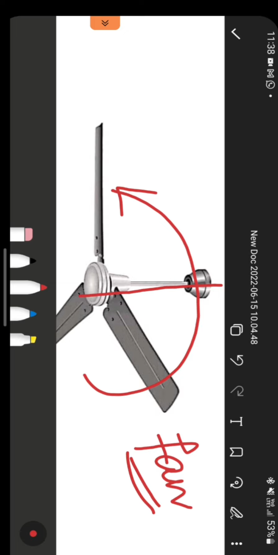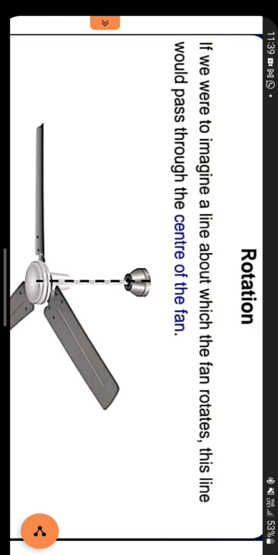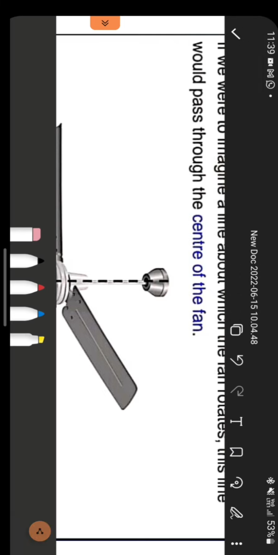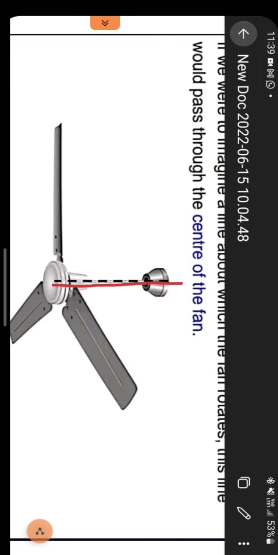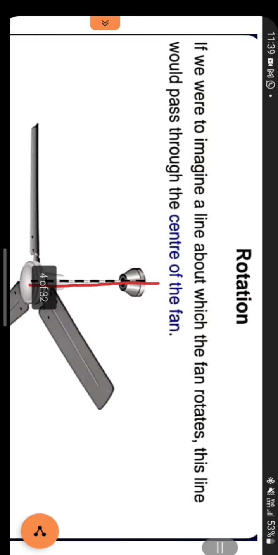That is why it is known as rotatory movement or rotation. If we imagine a line about which the fan rotates, I am drawing one imaginary line here. This is known as the axis, the center of the fan we are imagining.